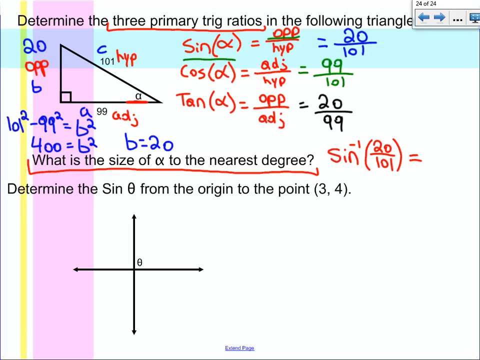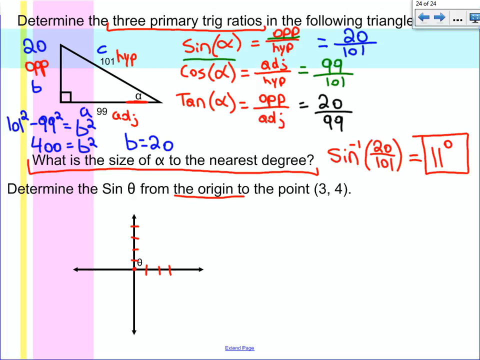Our final question. Determine the sine of theta from the origin. The origin is the center, so right here, to the point 3, 4. So 1, 2, 3, and 1, 2, 3, 4, to this point out here. We need to draw a triangle.